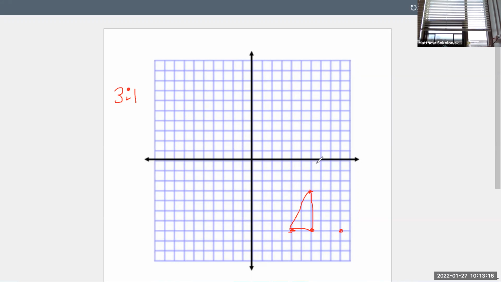The hooks weren't that big, they're smaller. Look how little those hooks are.